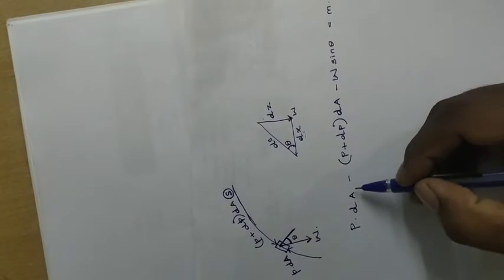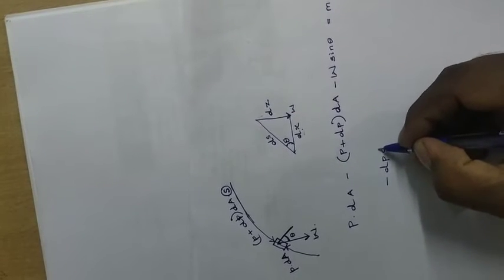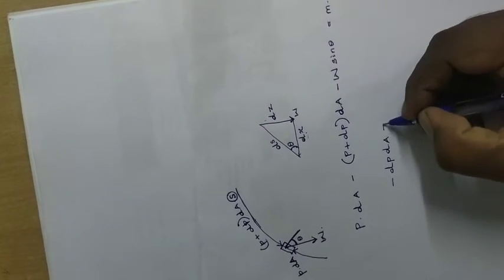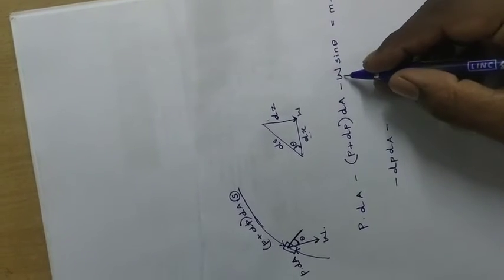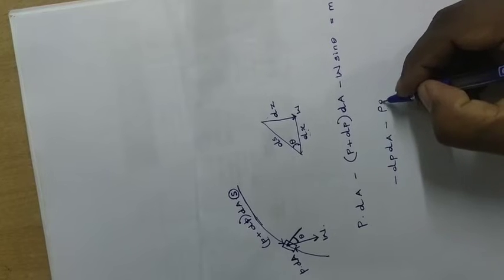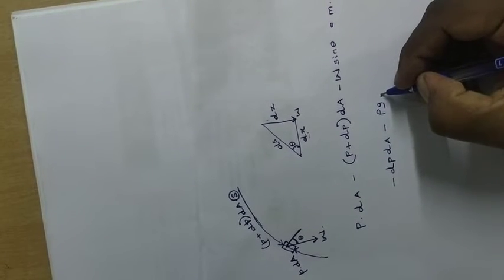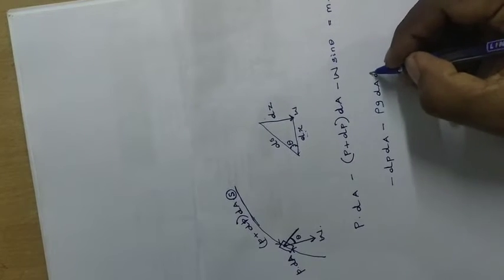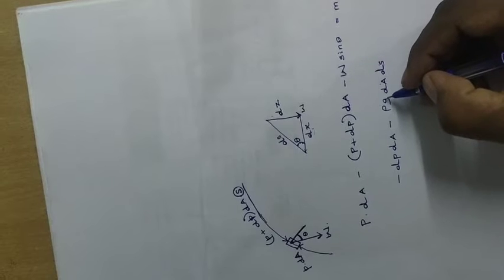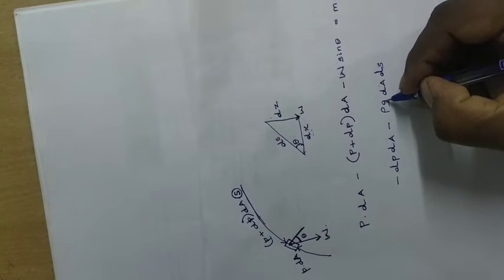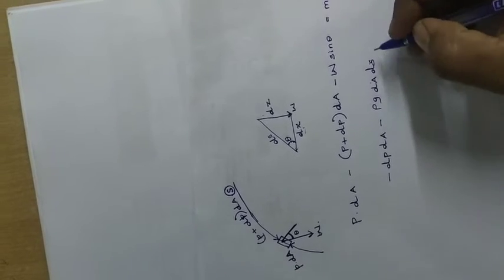Next, the P dA will get cancelled. The equation will become like this: dP dA minus W. You can write W like this: rho dA ds is your mass, and with g it becomes weight.